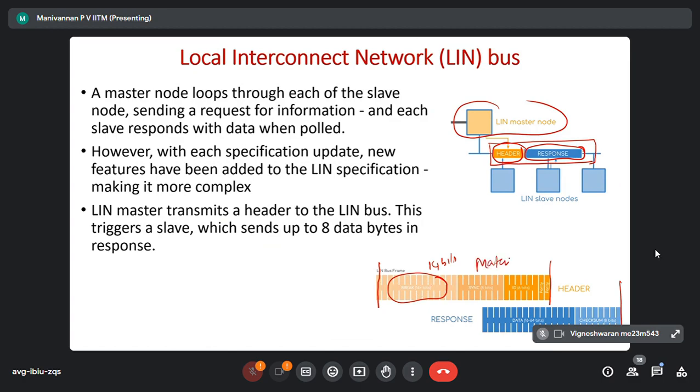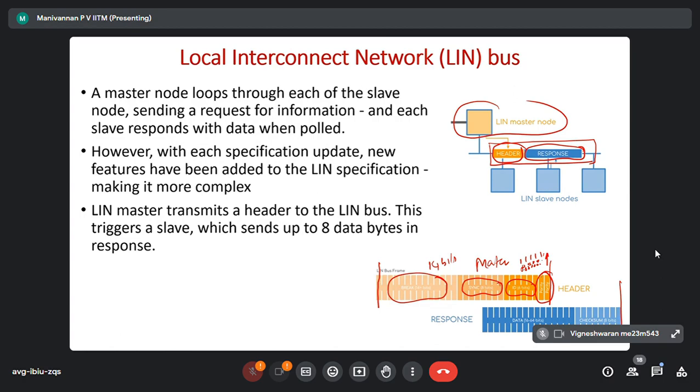The header consists of break bits, then sync bits, 8 bits of sync, and the ID bits, the message ID. This one is 6 bits. All the bits can be 0, 0, 0, or all the bits can be 1, 1, 1, from 0, 0, 0 up to 1, 1, 1. Then you have 2 parity bits.